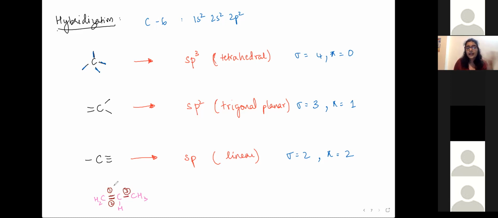Which is the most reactive site? Come again, Ritu, can you repeat that? Let's say the bond between these two is 1 and the bond between these two is 2. So between 1 and 2, which is the more reactive center in this molecule? 1.